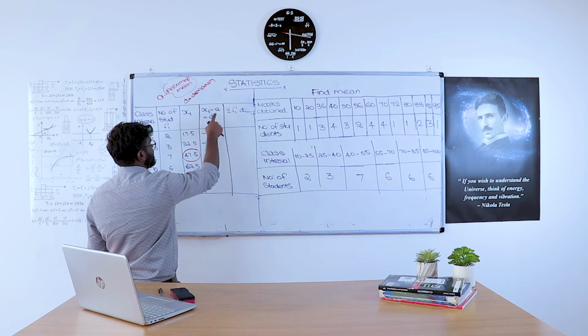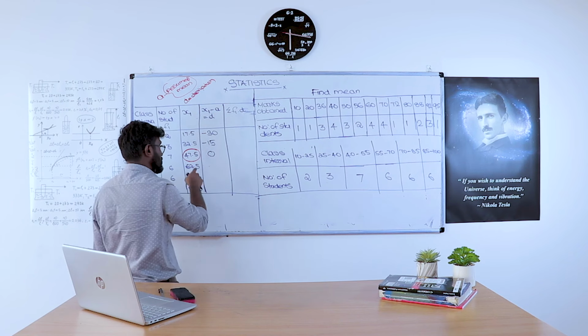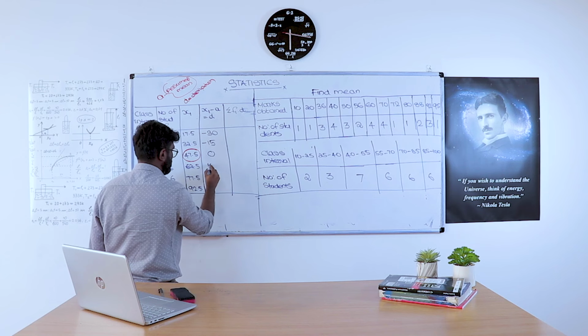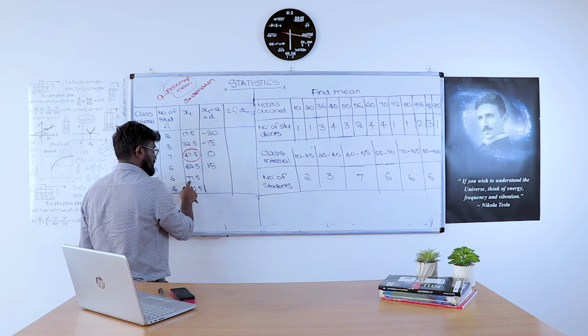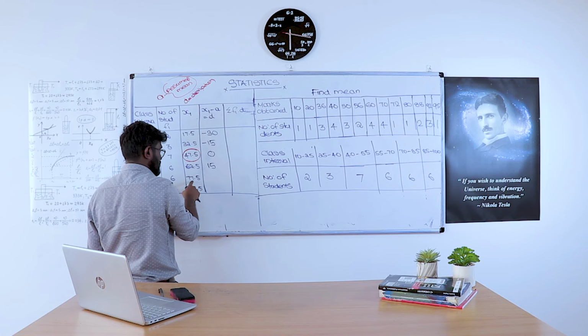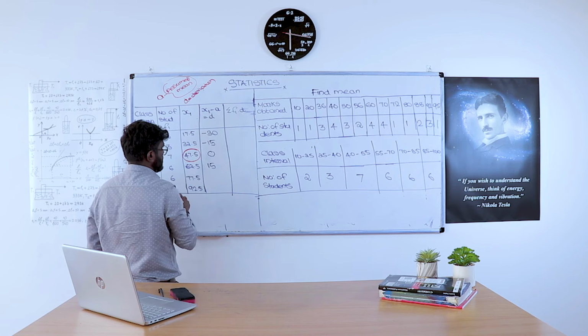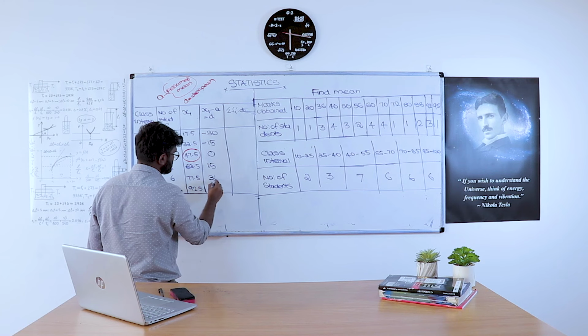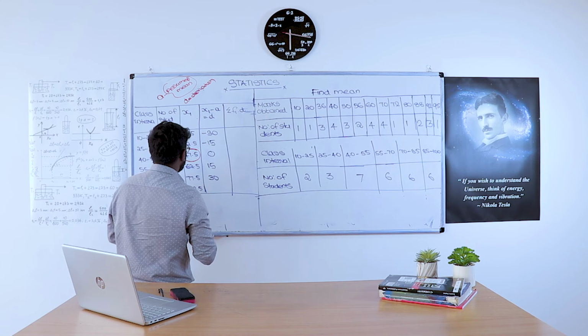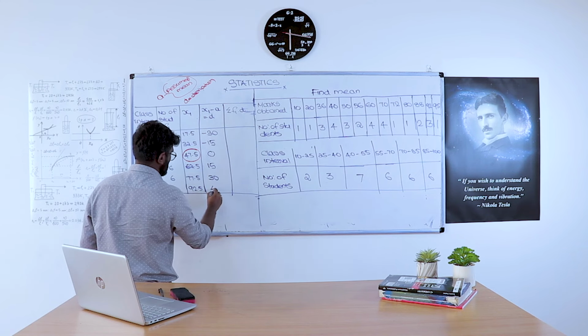62.5 is the xi value. A is constant, 47.5. 62.5 minus 47.5 is 15. 77.5 is the xi value. xi minus a, 77.5 minus 47.5, that is 30. 92.5 minus 47.5, what is the value? That is 45.